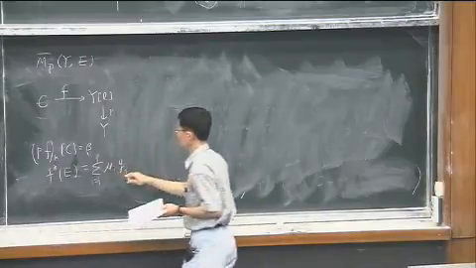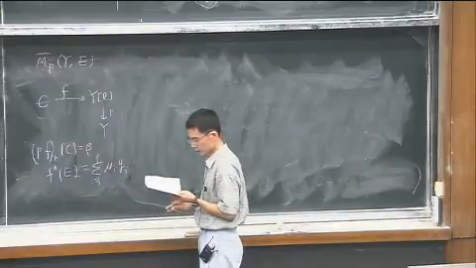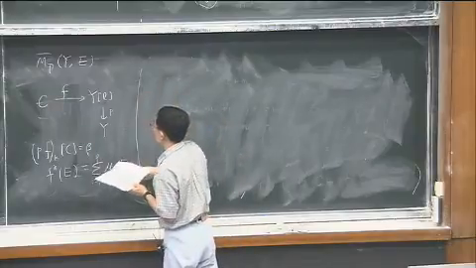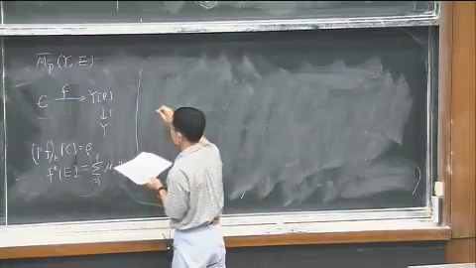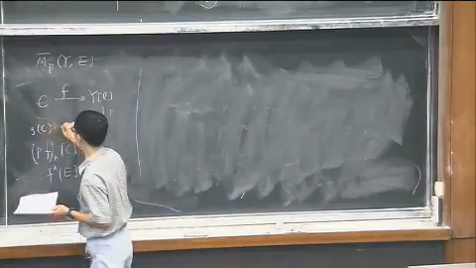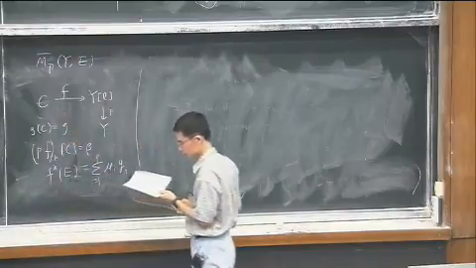That means I fix the contact type of this, and topologically it means this, and of course the genus of this is going to be g, and then you have m marked points there.